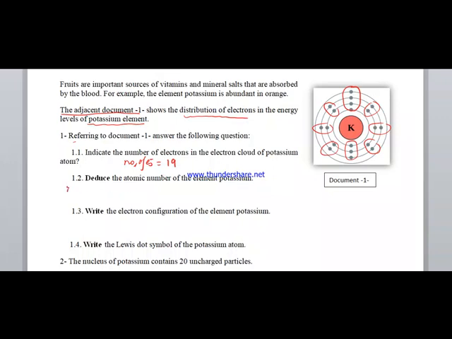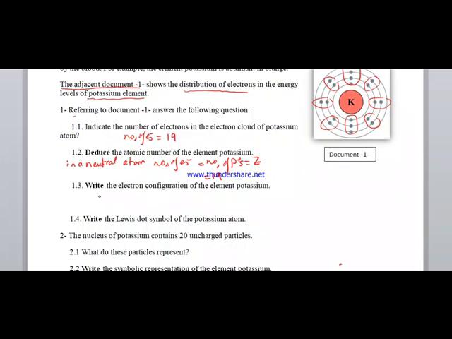Deduce the atomic number. In a neutral atom, the number of electrons equals the number of protons, which equals the atomic number, so it is equal to 19.